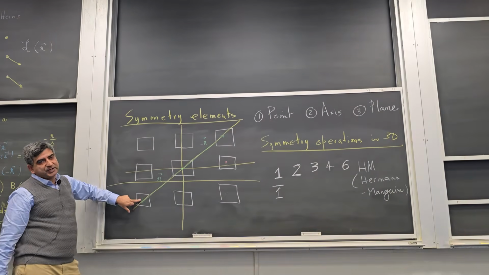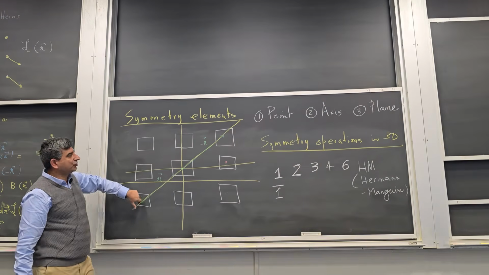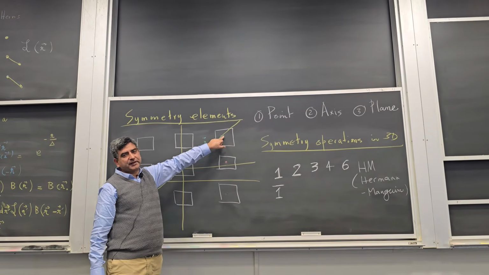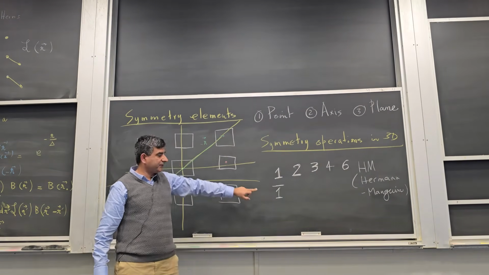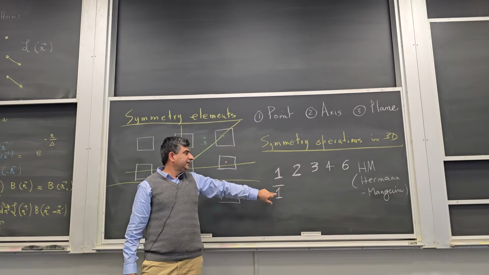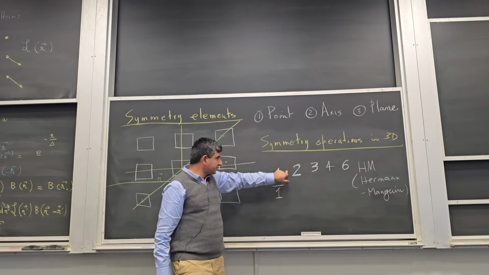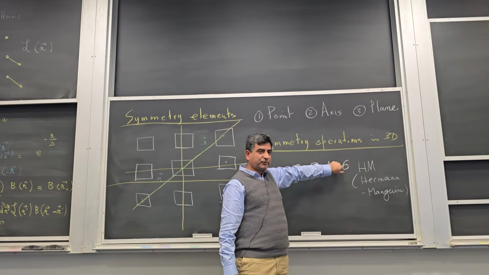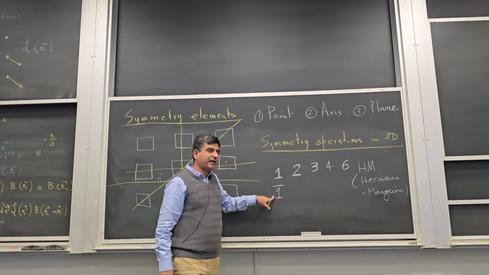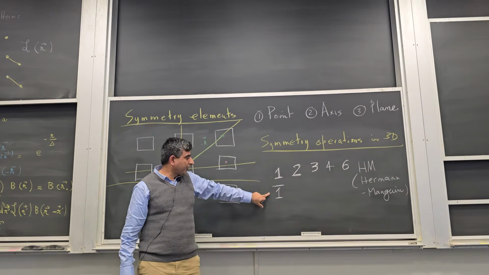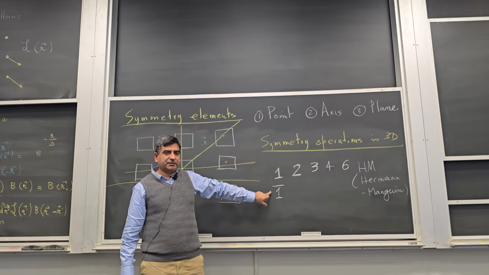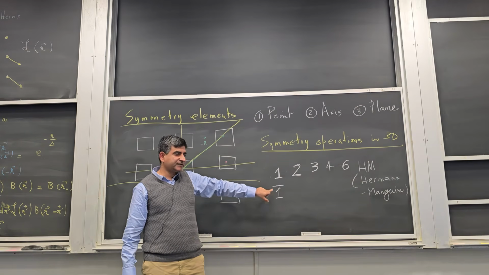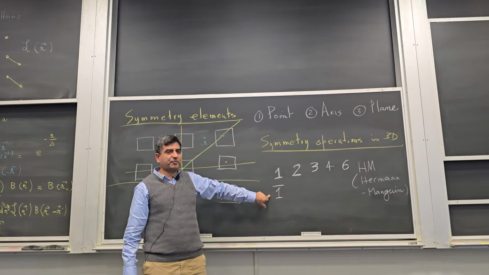If I have an object at R, there is also an identical object at minus R. So this is an inversion. This is a 1-fold axial rotation, 2-fold axial rotation, 3-fold, 4-fold, 6-fold axial rotation. You can also have a point of inversion or a center of inversion. This is called an inversion operation.